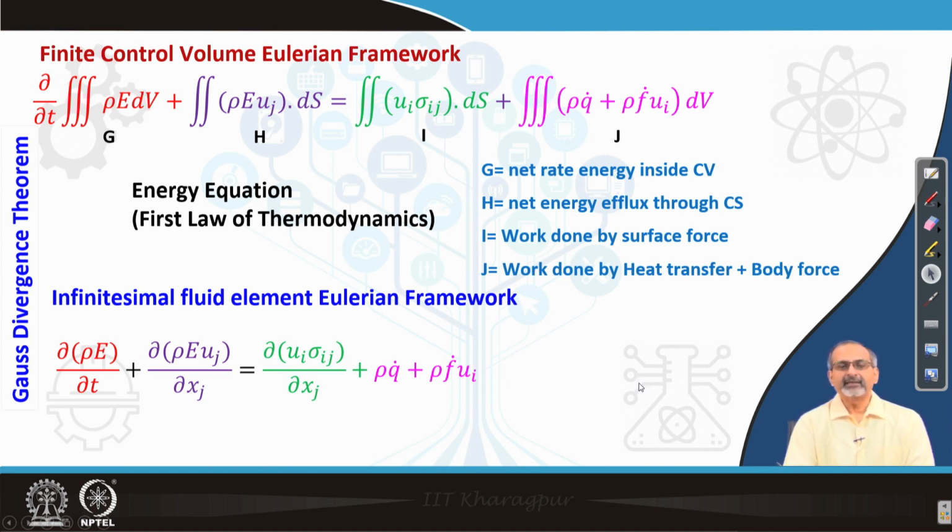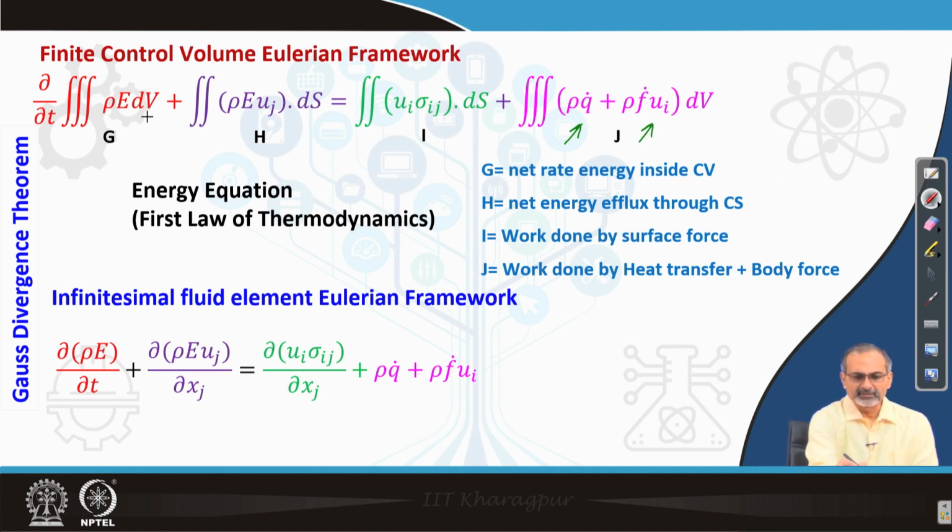H indicates the net energy efflux through the control surface. I represents the work done by surface forces sigma ij, and J represents work done by heat transfer. So, we are talking about this first term, and the body force, which is the second term here.